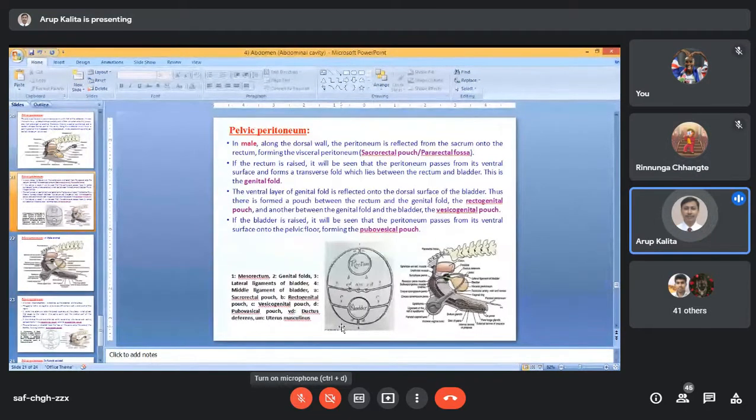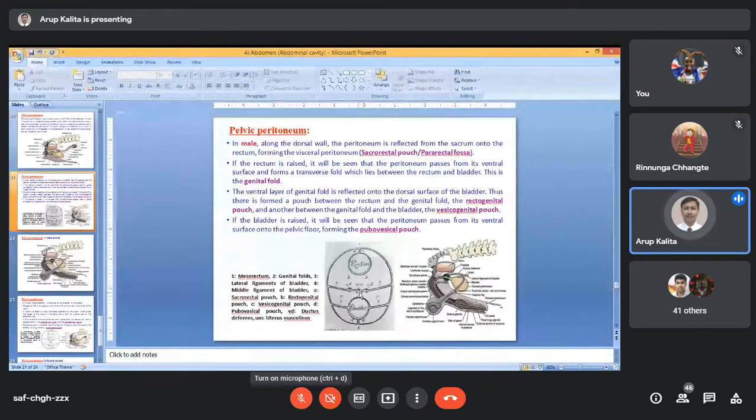Now, in case of males, you will get these pouches. There is one structure you will get in the male, that is the difference. Here you see, this is the cross section. This is the rectum.